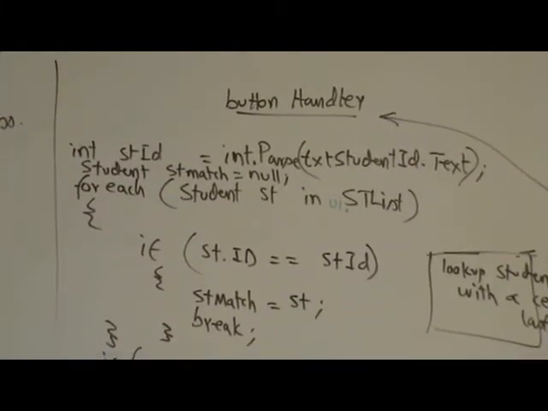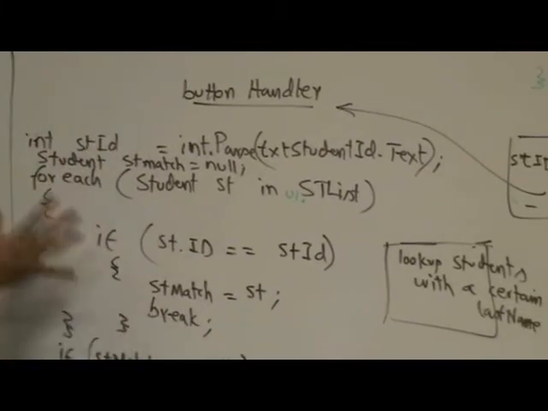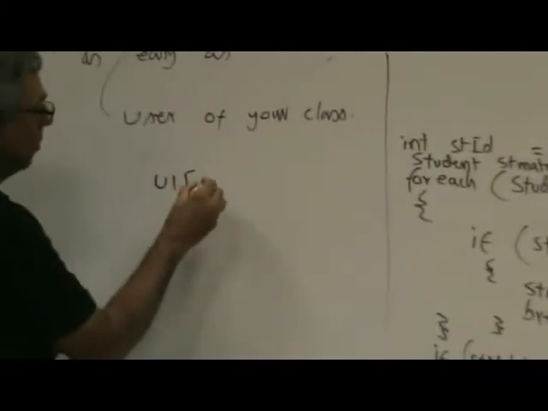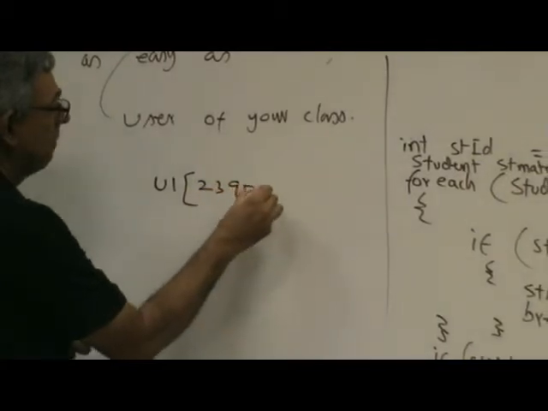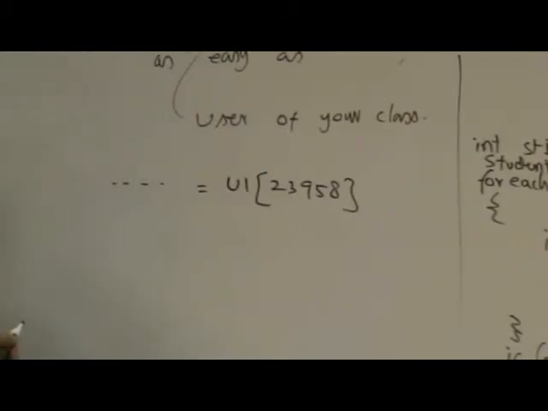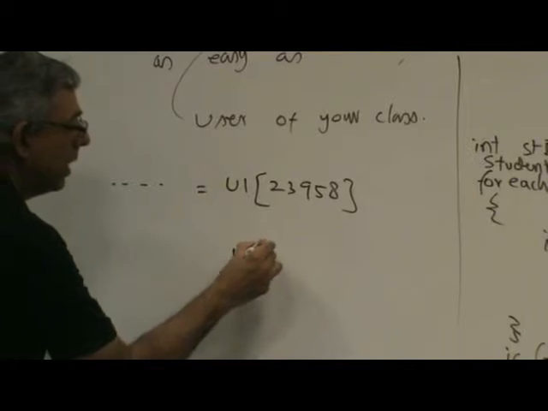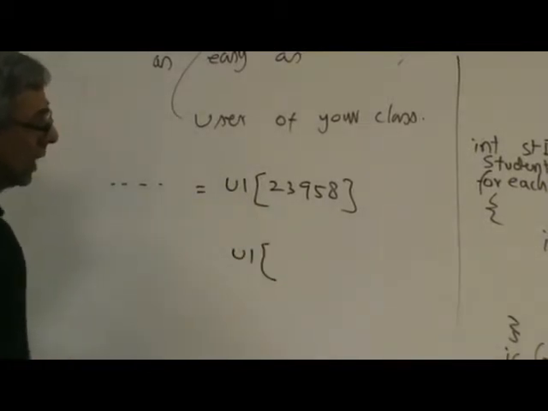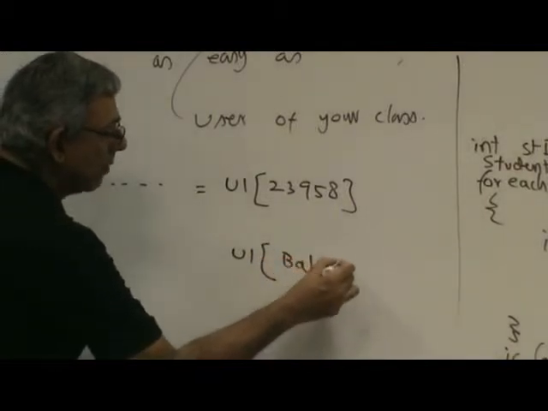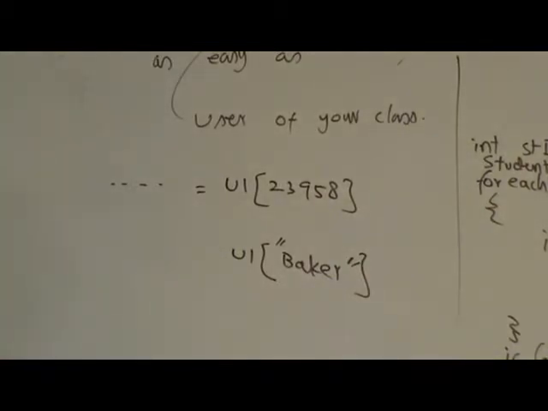So can we make the end user's life easy so that they don't have to write this type of looping code? All they write is something like this, U1 of 239858, and it will give them the student they want, okay? Or it will give them a null, okay? Same way, what if they said U1 of Baker? It will give us all students which have a last name of Baker, right?